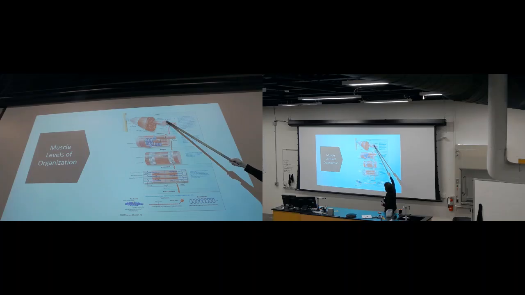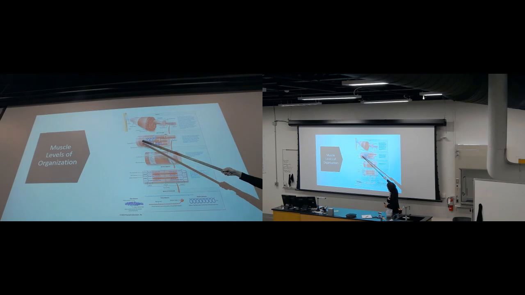So now inside these fascicles, we have the muscle fibers. We're not going to count them, but we have many. From 10 to 100 of these form a fascicle. Now, if you extend one of these muscle fibers, it is covered by this endomysium, and inside this endomysium, we have the sarcolemma.